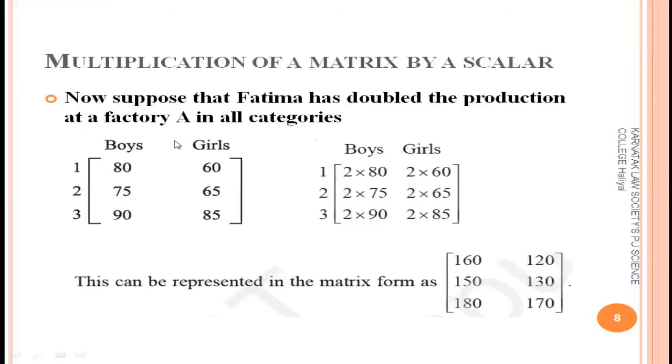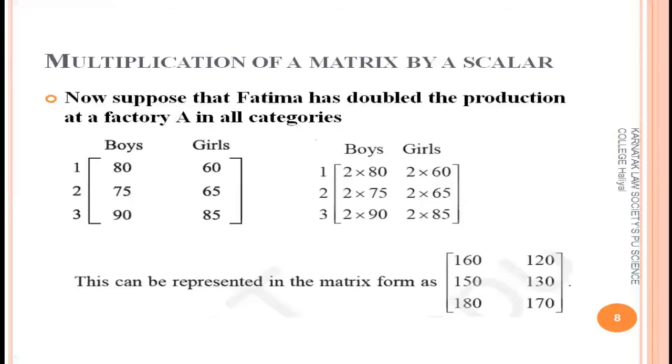Means we need to multiply each and every element present inside the pair of braces by 2. You see there every element is multiplied by 2. In this way we will multiply each element present inside the matrix by a scalar, that is 2.